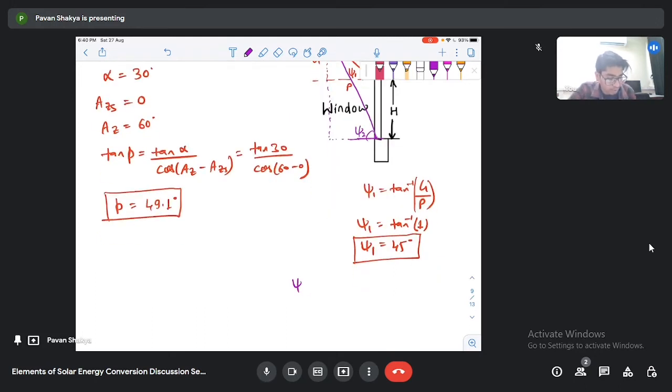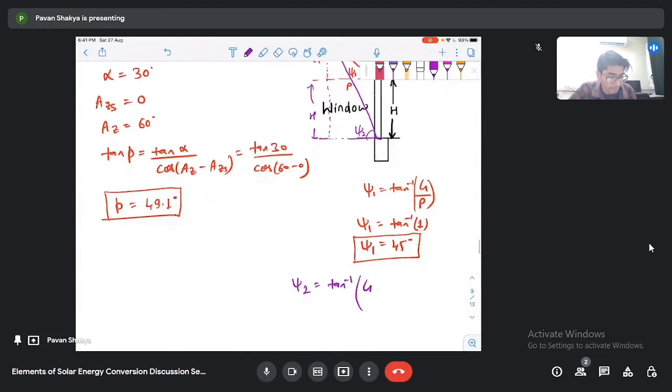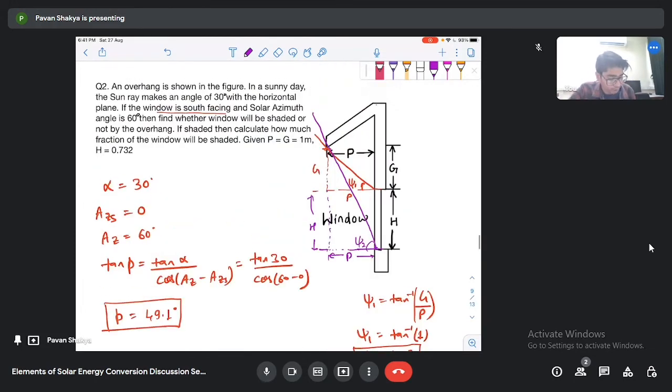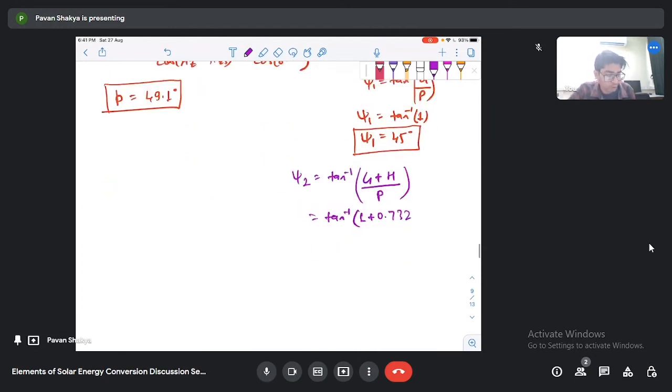So this psi 2 will be tan inverse of g plus h, where this distance is also h, divided by this distance, which is also p. So g is given as 1, h is given as 0.732, divided by 1. When you solve, you will find that this psi 2 value comes out to be 60 degrees.